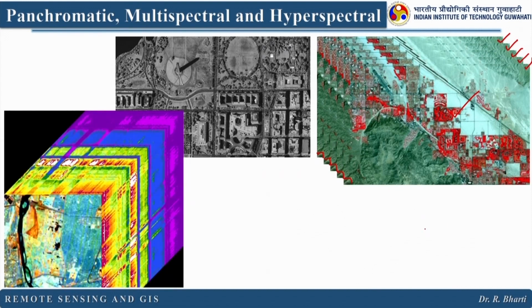Next is hyperspectral remote sensing data, where you have hundreds or thousands of bands which are contiguous in nature. What do we mean by contiguous? Let us take the example of 0.4 to 0.7 micrometer.